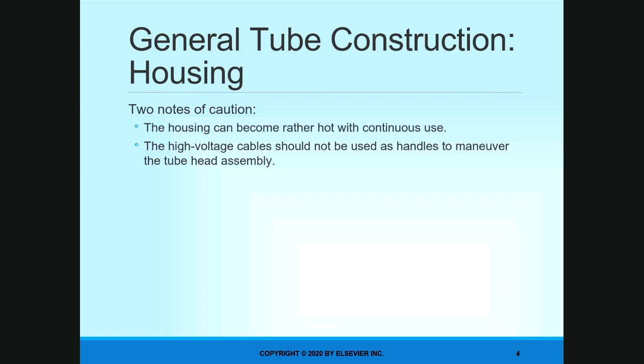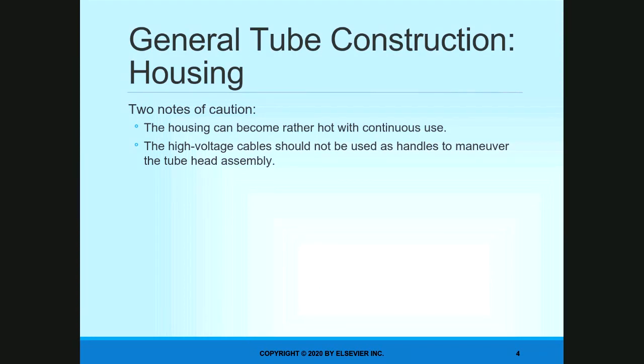A lot of times this will happen with the fluoro unit, but with the fluoroscopic unit, the tube is actually located under the table. The radiographic tube that we usually use to take our images is above the table, but when we do fluoro, the tube is below the table.